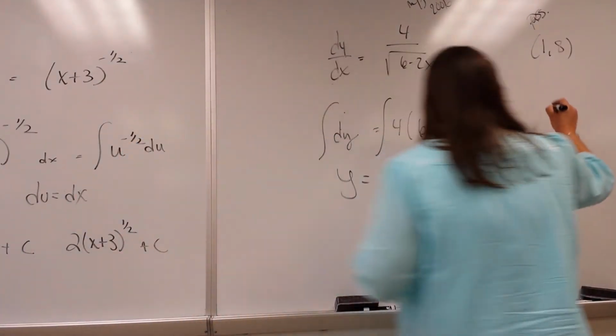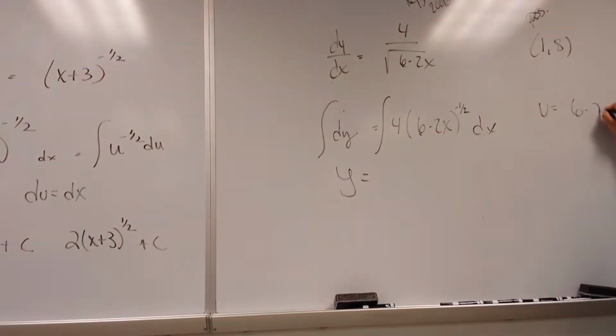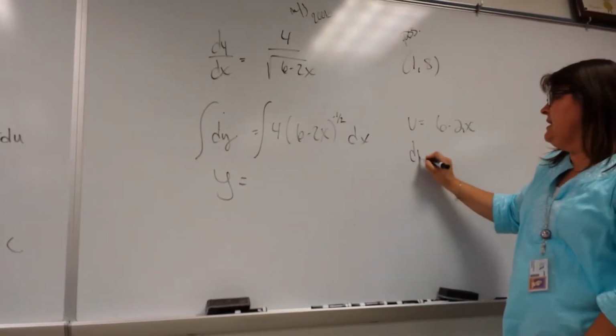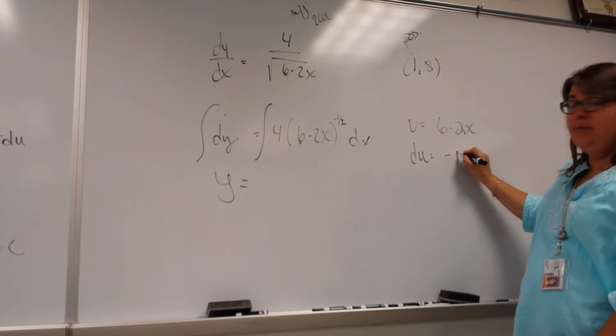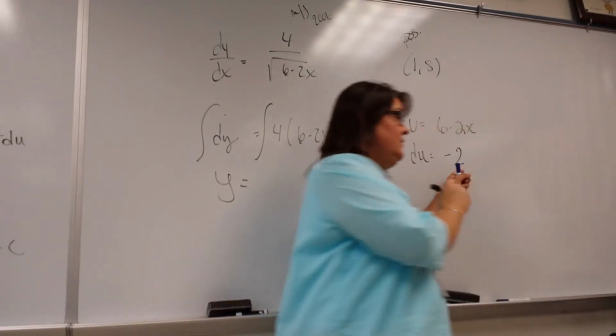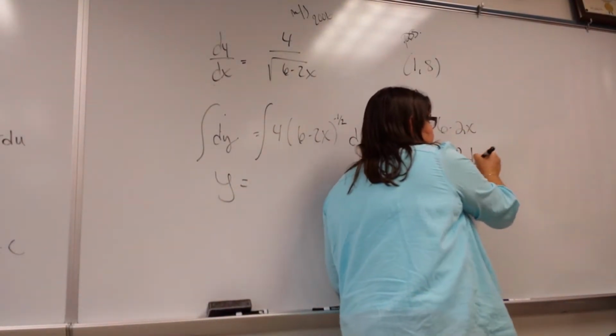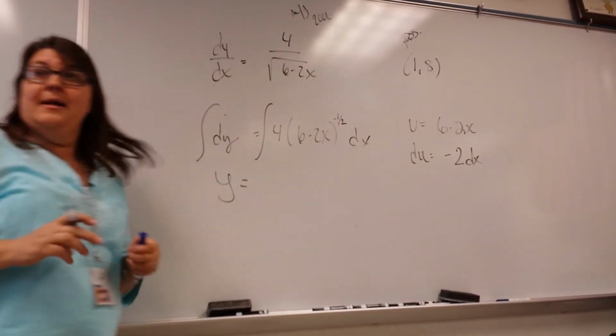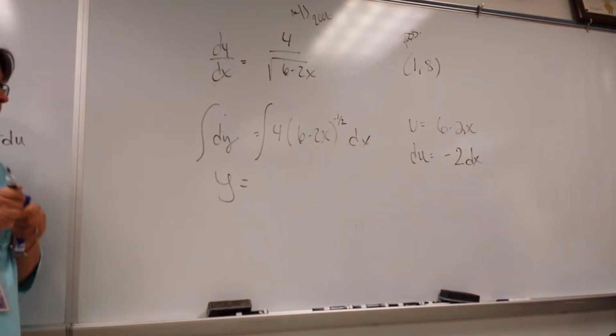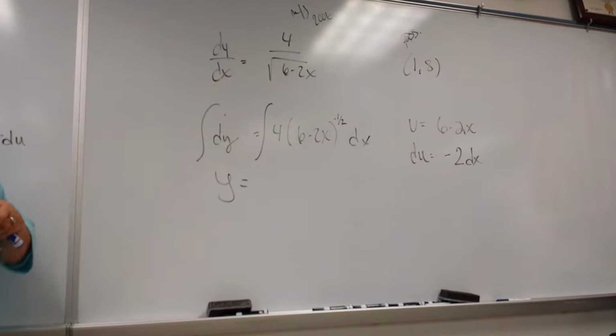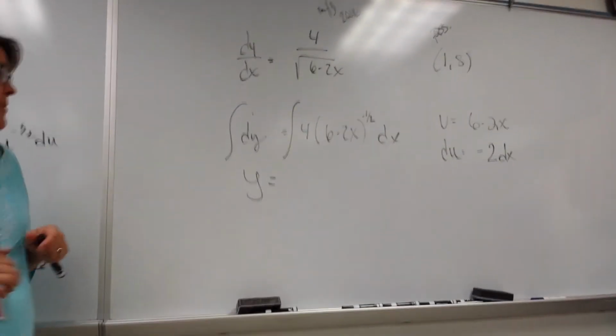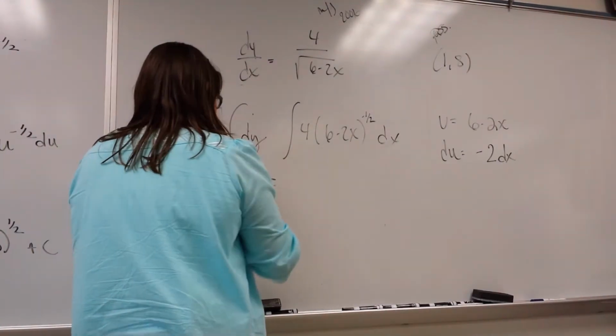So what is u? 6 minus 2x. What is du? Negative 2 dx, right? Kalia, tell me what I need to do. Okay, so now, hold on, let me go back to my notes. Remember the 4, we're just ignoring for a moment.